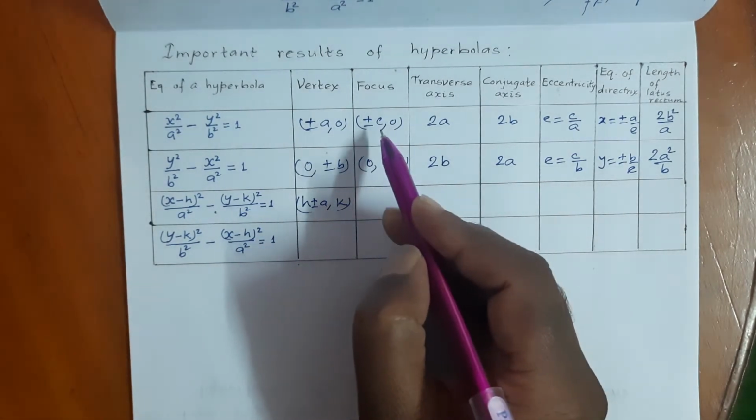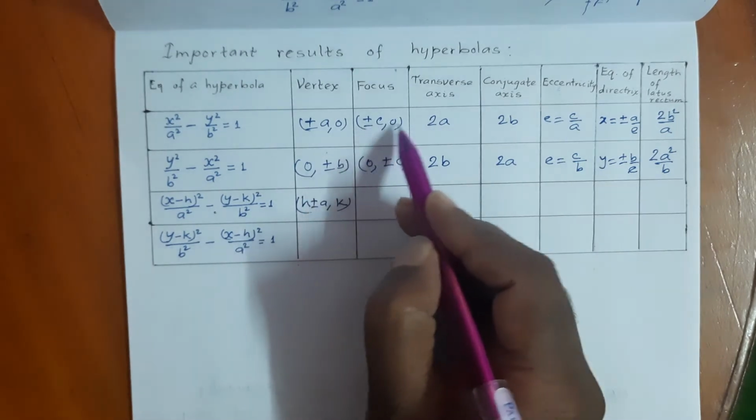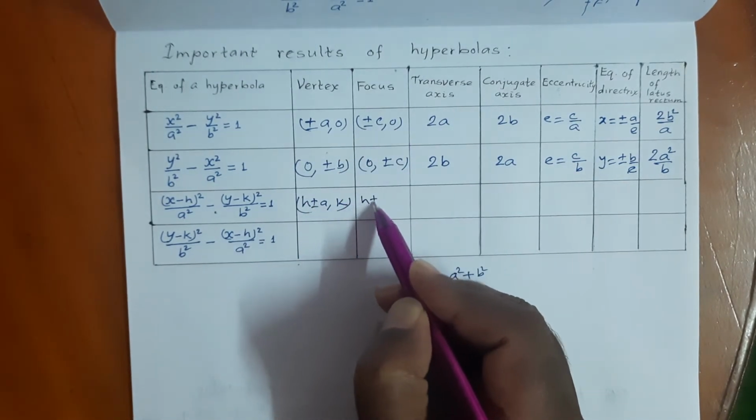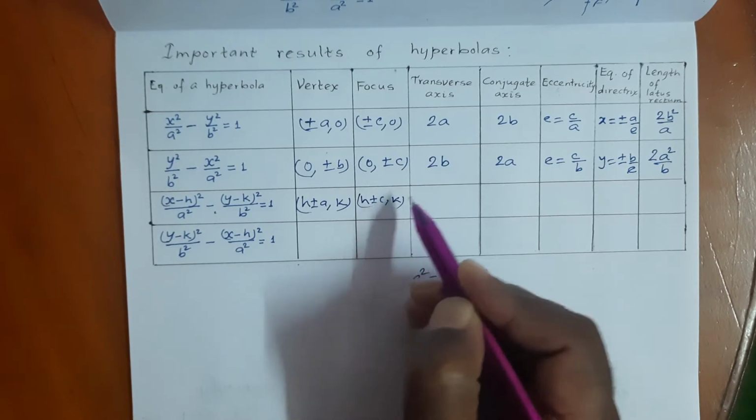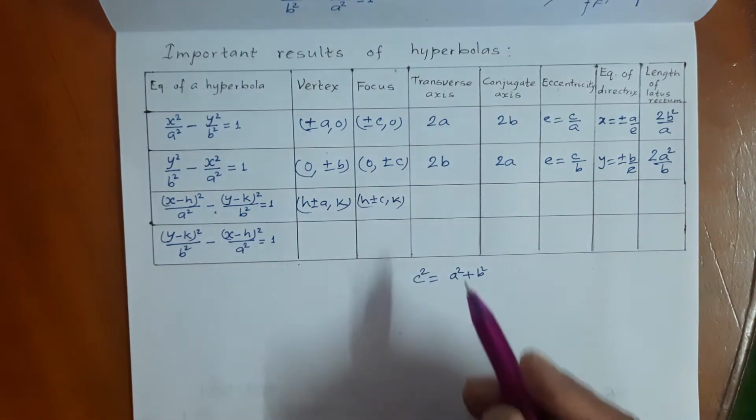Coordinate of foci, to get coordinate of foci also, you simply add h and k here. That will be h plus minus c, k, and this transverse axis length will be same.